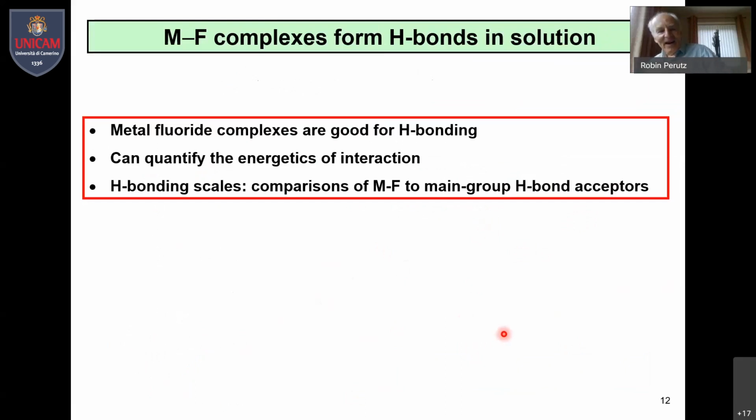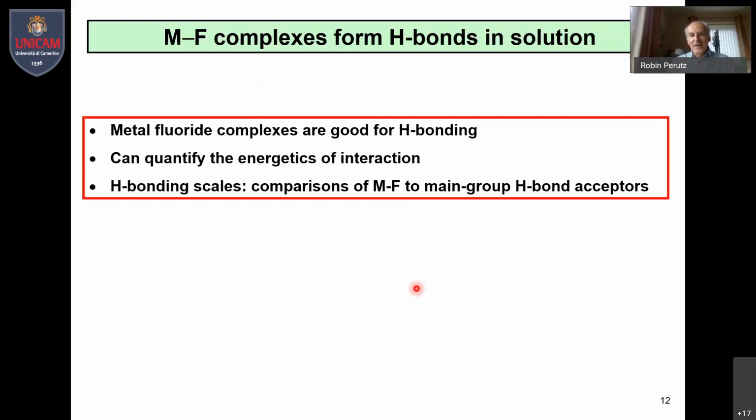So I want to move back to metal fluoride complexes, and I mentioned them at the start in my initial example. One of the reasons is that they're very good for hydrogen bonding. And the other aspect that I want to show you is that thanks to 19F NMR, we can quantify the energetics of interaction.